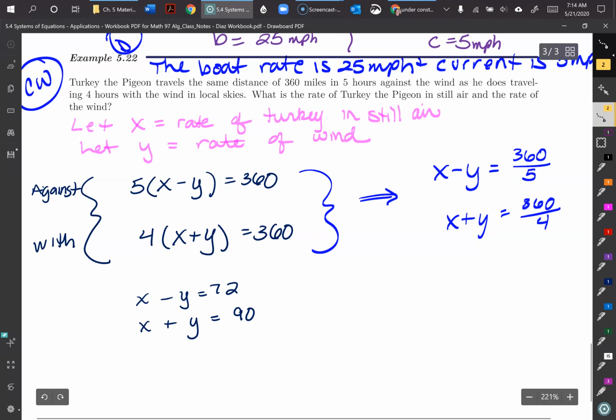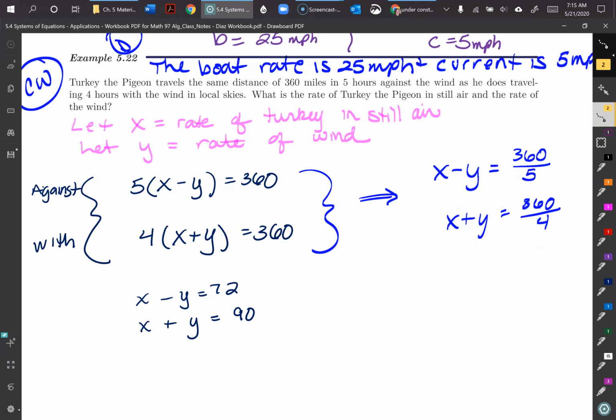With the wind, again, we have time times our rate: 4 times x plus y equals 360. Then I can simply divide both sides by 5, which I wrote over here. x minus y equals 360 over 5, and x plus y equals 360 divided by 4.